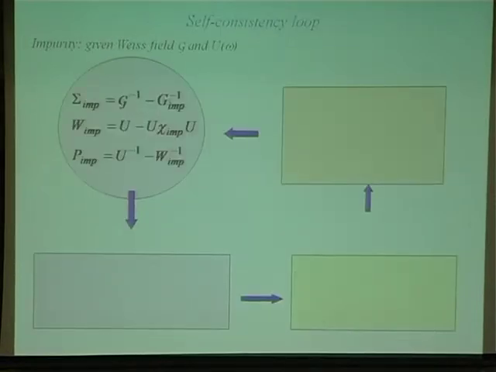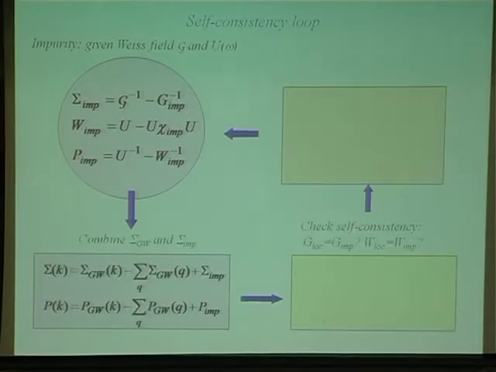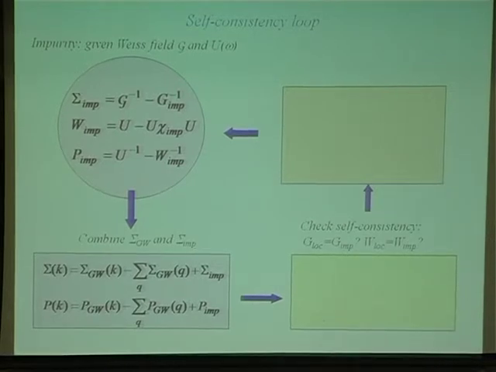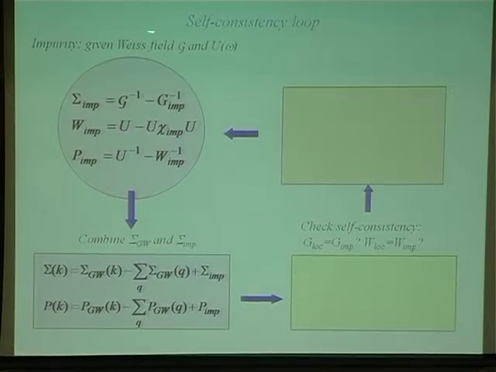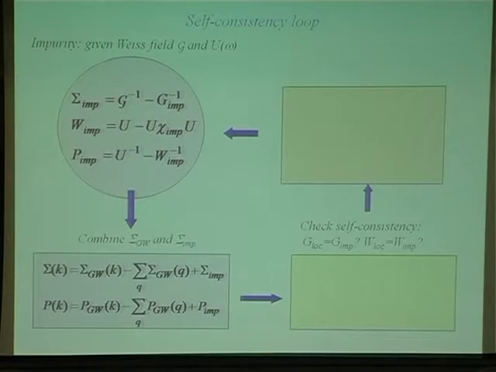I don't have much time to describe all this in detail, so I will go very quickly. We have not applied this self-consistency loop, but I will try to describe it. One starts from the impurity problem. Given the G and the Hubbard U, which is now frequency dependent, one can calculate the self-energy of the impurity and also the screened interaction.